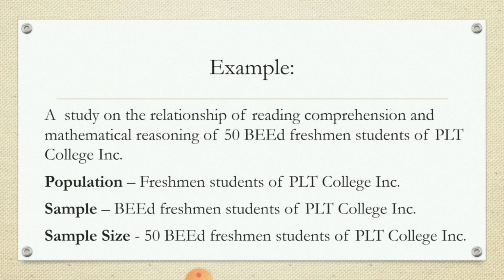As you can see, the population is general, the sample is specific, and the sample size is more specific. So from general to specific to more specific. Those are population, sample, and sample size.